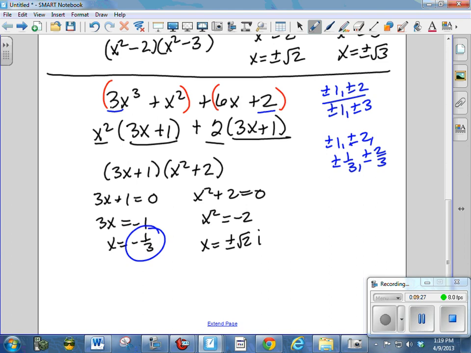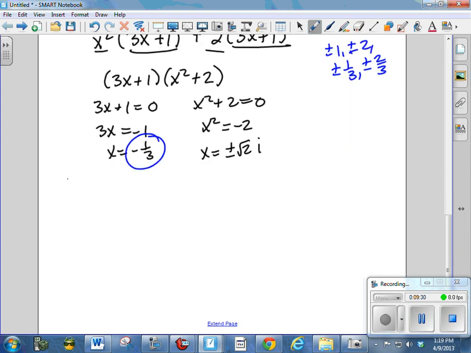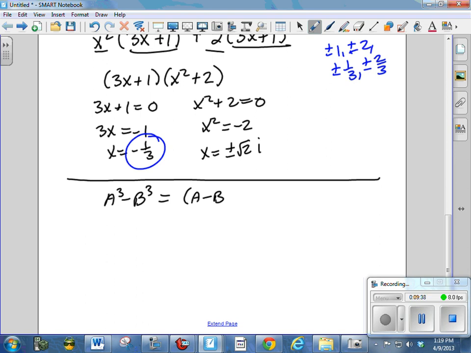There are some other factoring patterns, like for example the difference of two cubes. If we have something that's in the form a cubed minus b cubed, we can factor it into a minus b times a squared plus ab plus b squared. If you just remember this part of it, okay, for example, let's say I have x cubed minus 27.